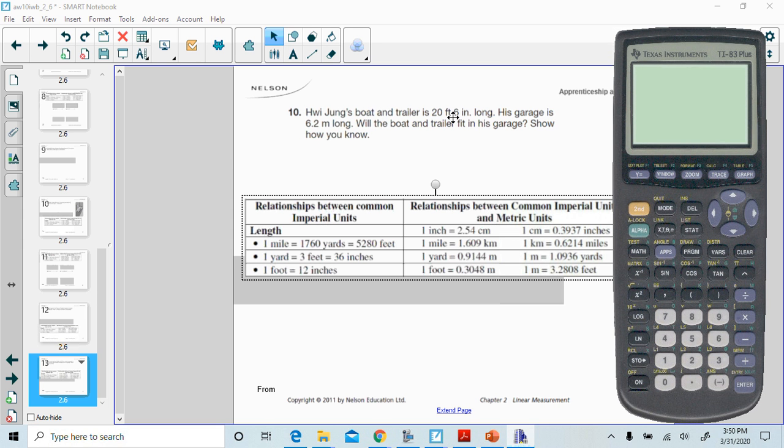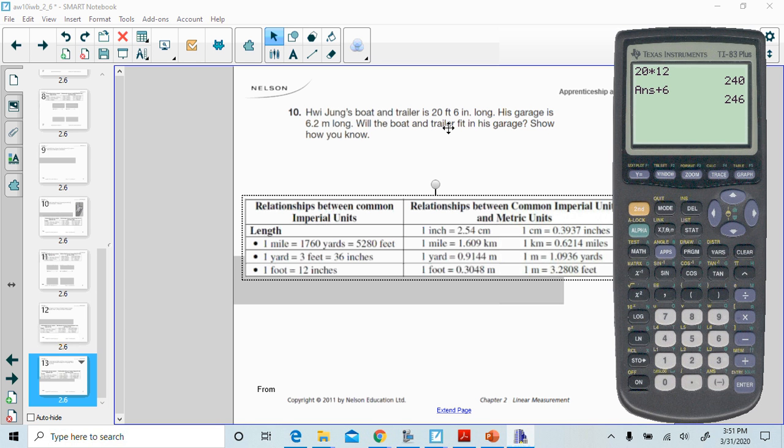So if we can go from inches to centimeters, that might be useful. So we'll make our answer into centimeters, and then we'll convert that into meters so we can compare them directly. Okay, so what you've got here is 20 feet times 12 inches per foot plus 6 inches.